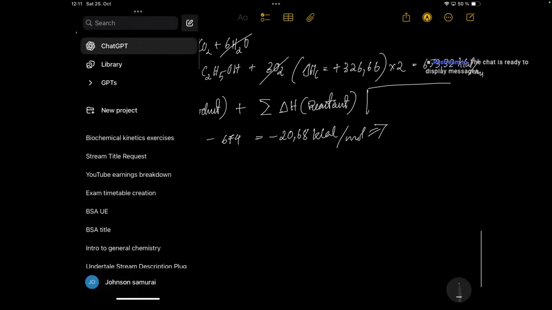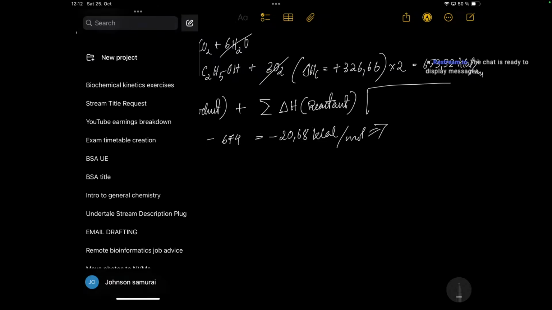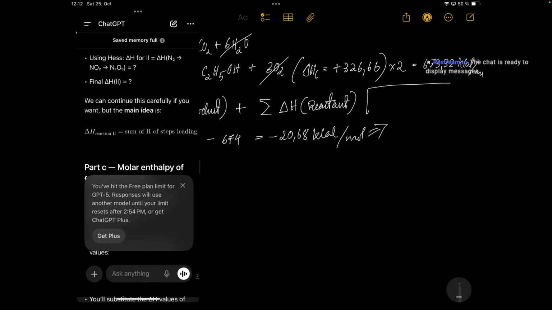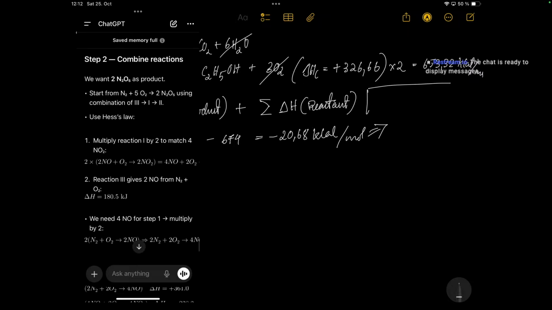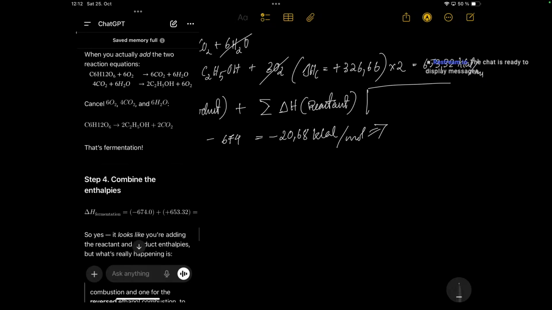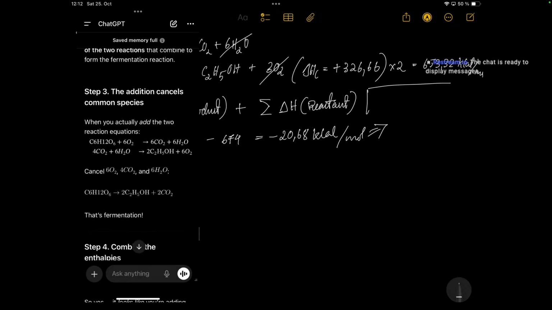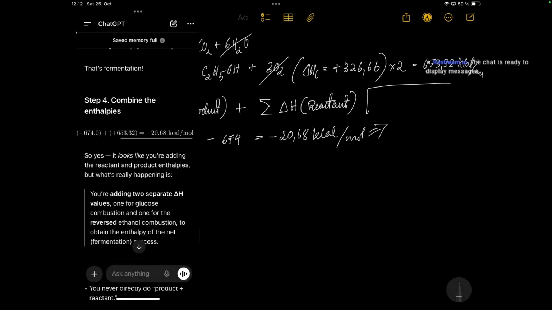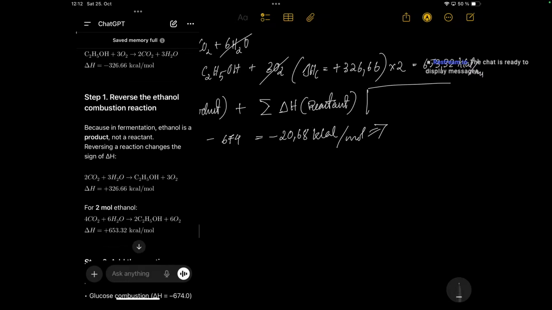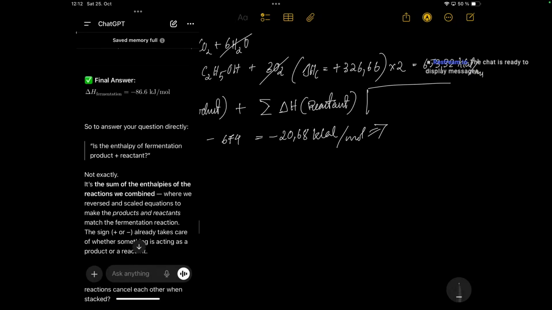You did not convert to joules per mole. How do you convert to joules per mole?